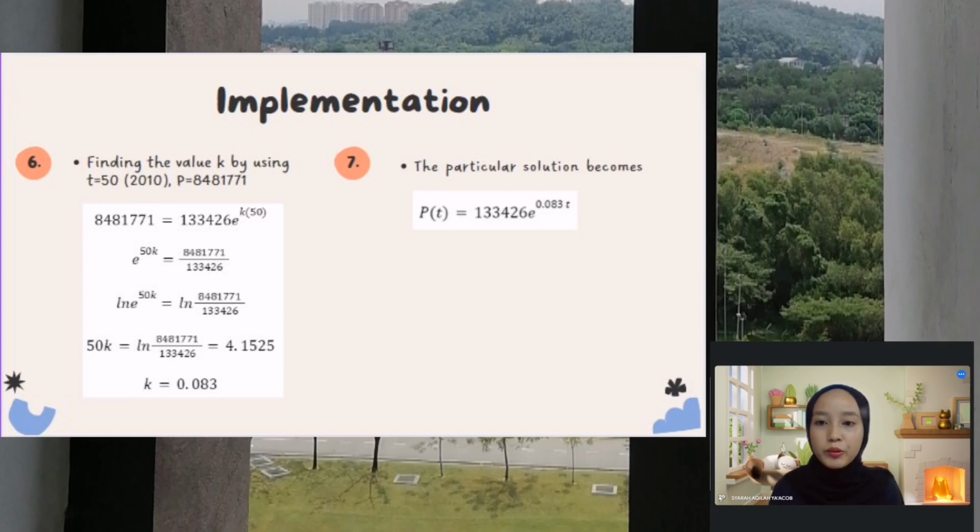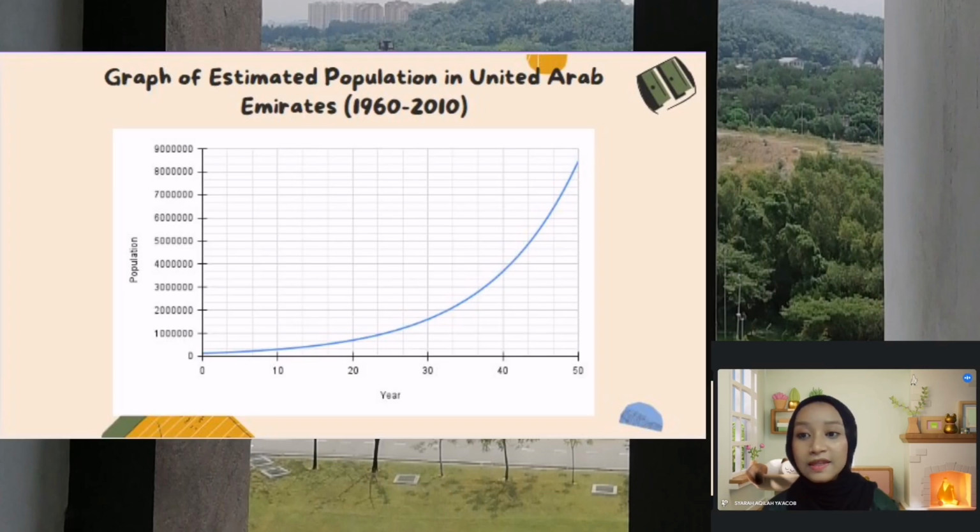Then we get the particular solution by substituting the value of k and the others into the equation. We get P(t) = 133,426 times e to the power of 0.083t. This is the estimated population in the United Arab Emirates, and this graph also shows that it is an exponential graph.